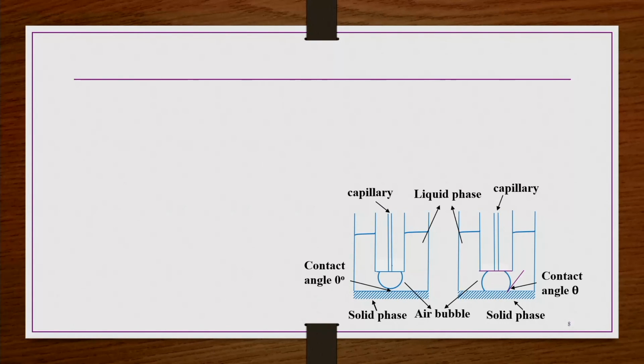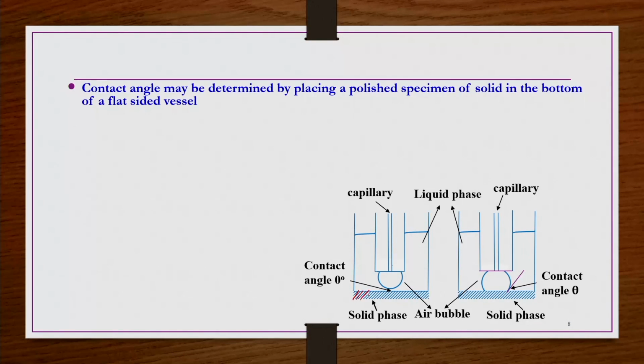So, now how to measure the contact angle? Okay. So, what you do here, you take a solid surface, a solid phase, like this. Contact angle may be determined by placing a polished specimen of solid in the bottom of a flat sided vessel, right.